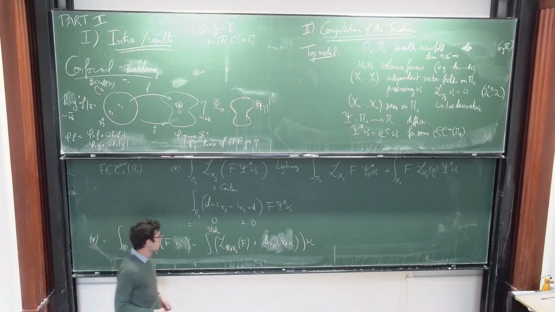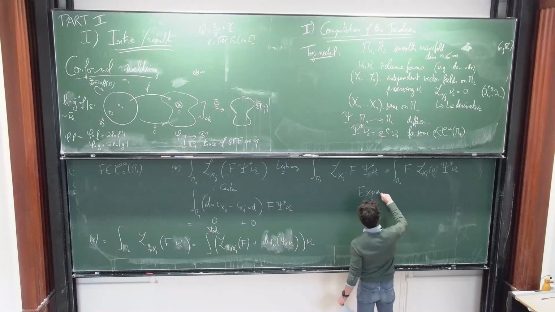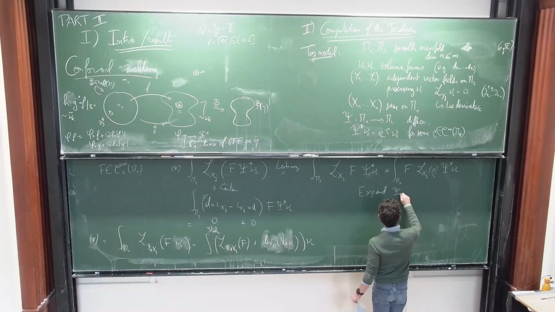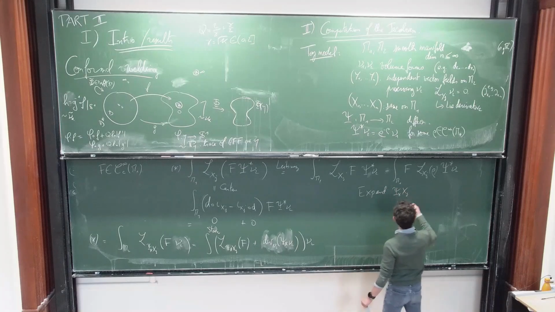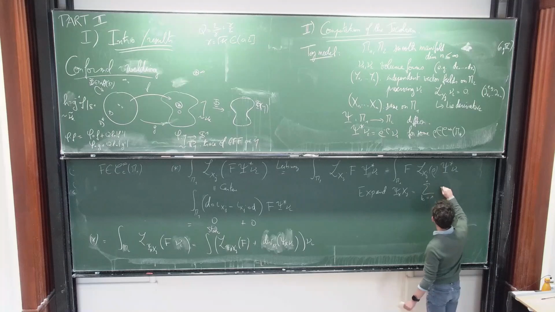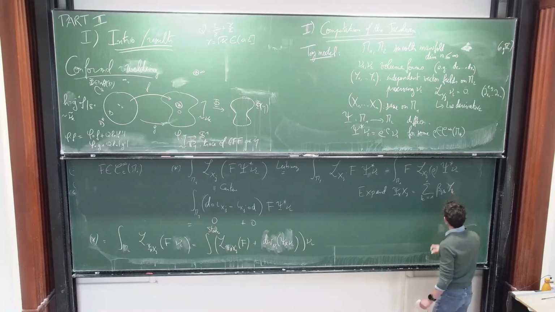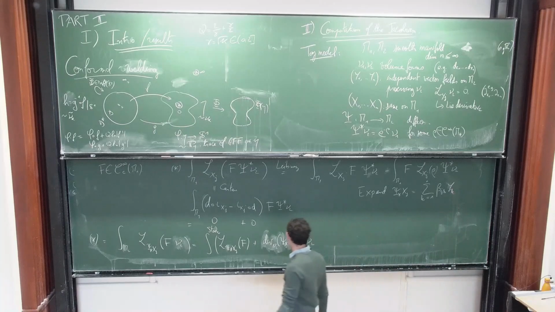And now I need to compute this divergence. So I can expand psi star xj on the basis of yk's. I can always do this.